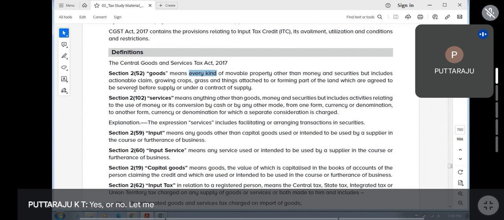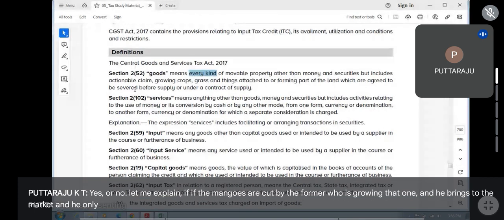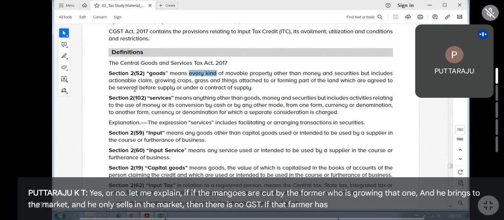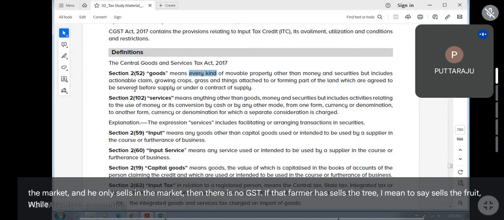Let me explain. If the mangoes are cut by the farmer who is growing them, and he brings them to the market and he only sells in the market, then there is no GST. If that farmer sells the fruit while it is on the tree itself, that transaction becomes liable to GST.